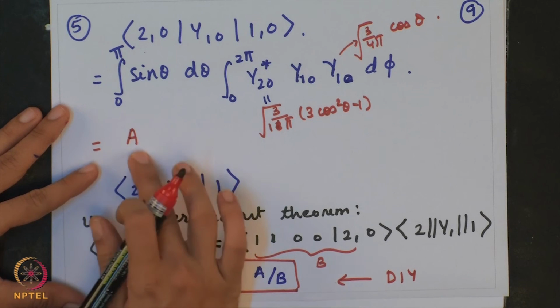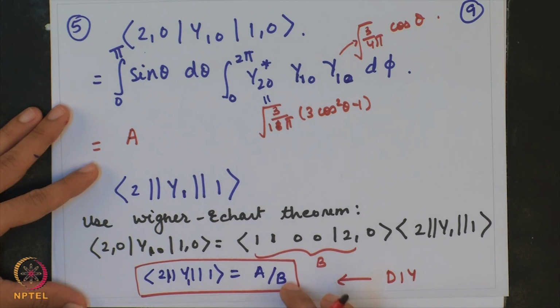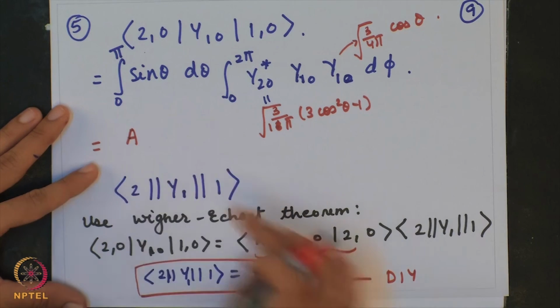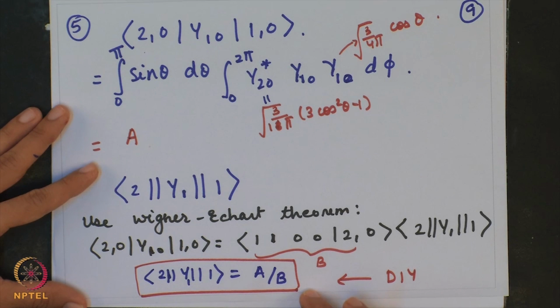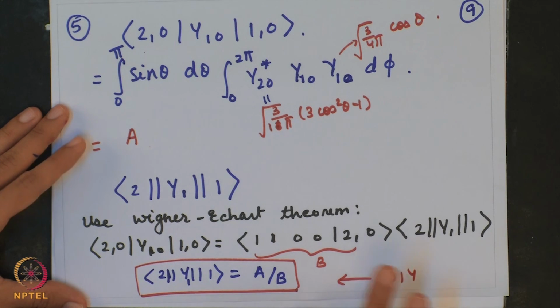This will be a number, B will also be a number, some square root of something. Just take the ratio of these two and you are done. It is not at all difficult.